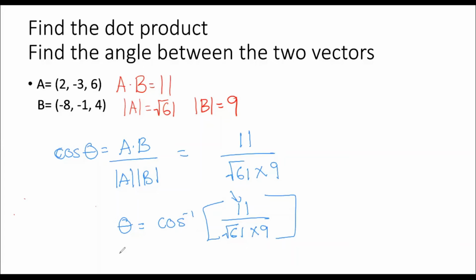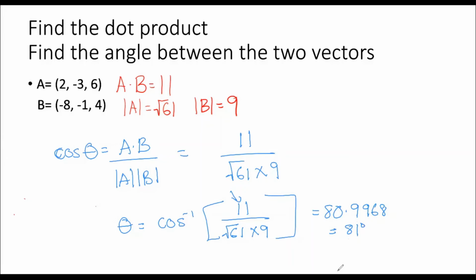Directly it gave me 80.9968, but because we have 9 now, we can just simply approximate to 81.